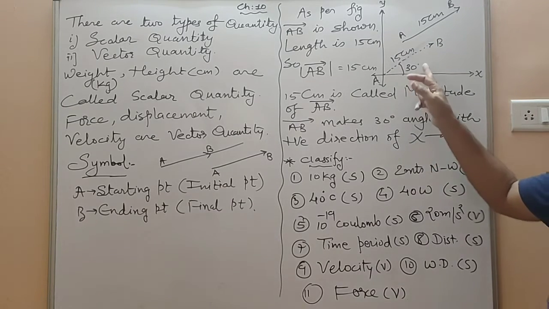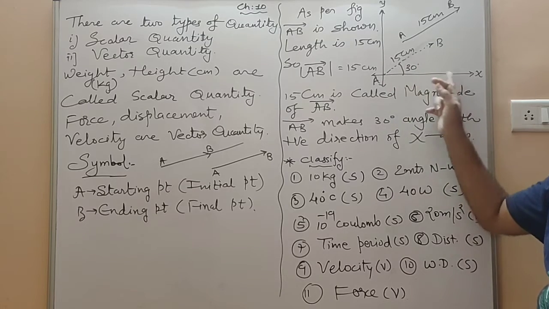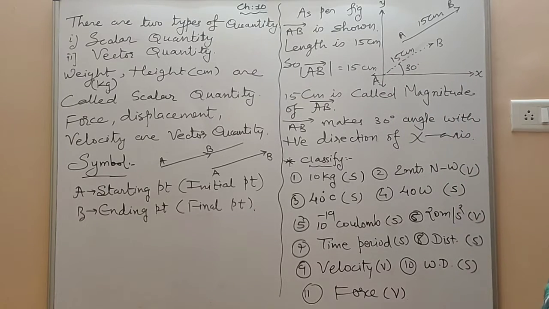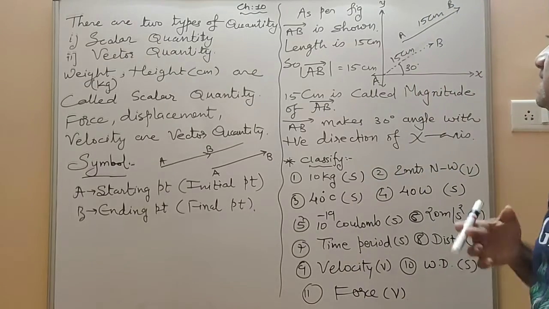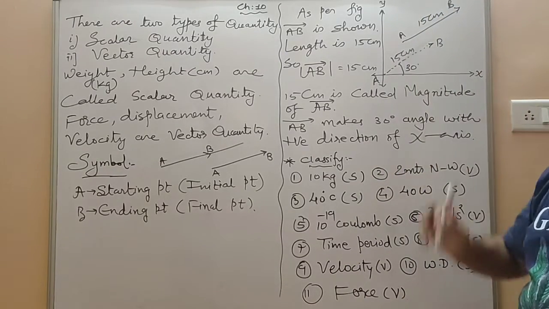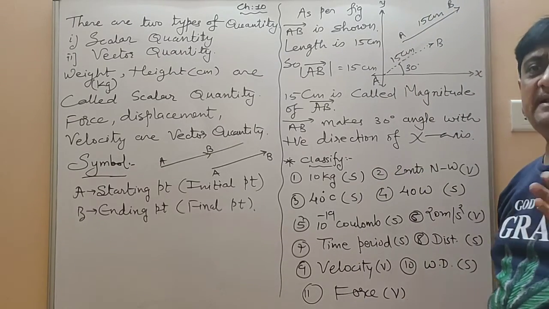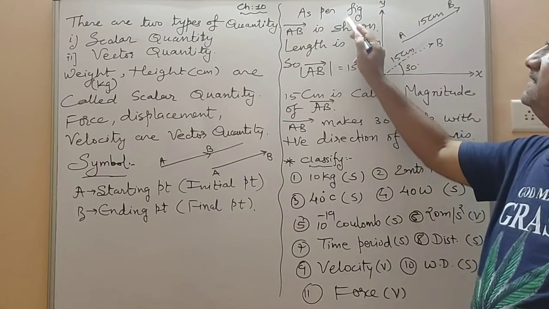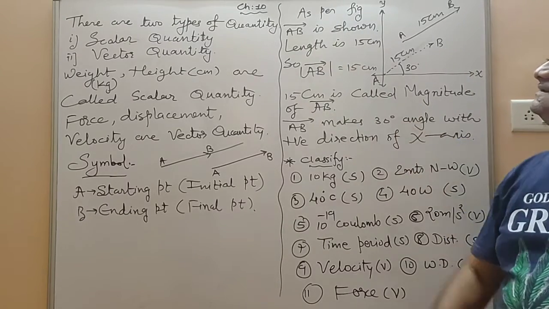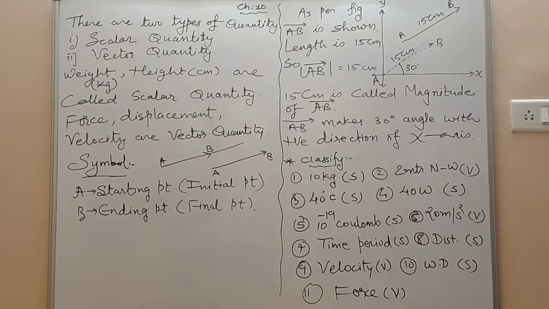Then the angle made by this vector with the x-axis is 30. This angle is required because direction is required. If it is a vector, then you have to show the direction by giving some angles.